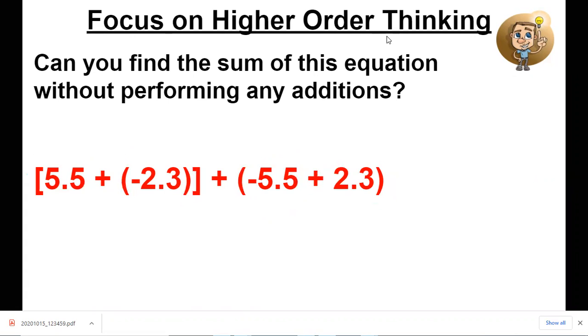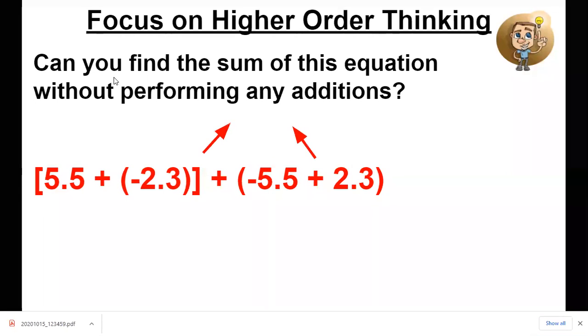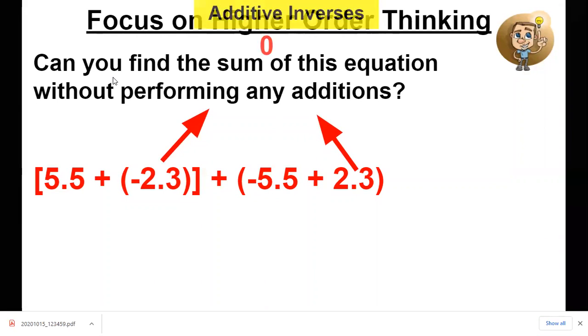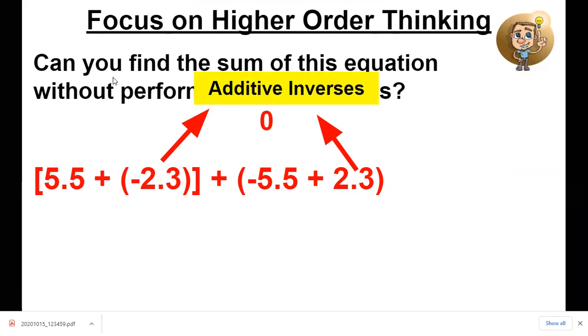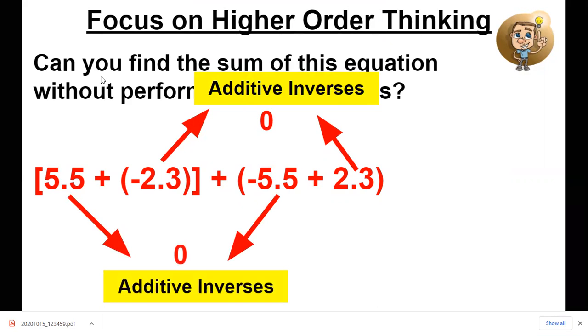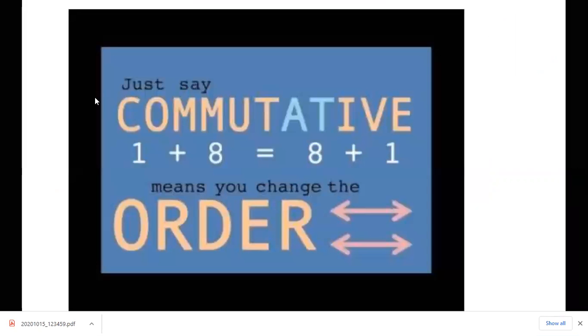Does that help you figure it out without adding it together? Those two are additive inverses. Their answer will be 0, right? -2.3 plus +2.3 will give you 0. And the other two are additive inverses, and their sum will also be 0. So what's the answer to that equation? The answer is 0. Not as bad as it looked, was it?